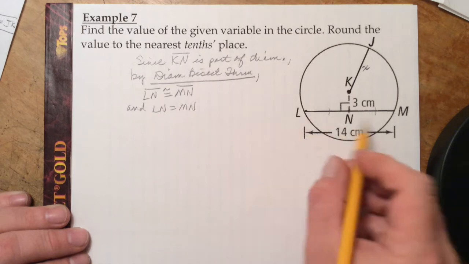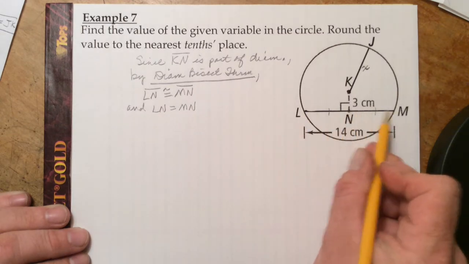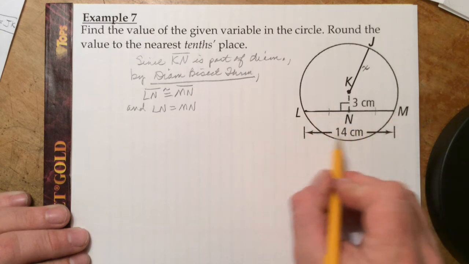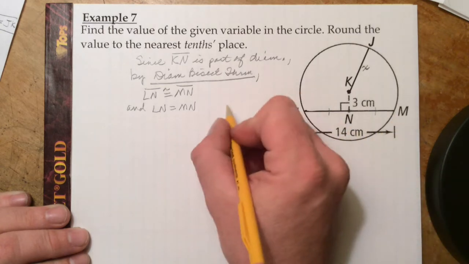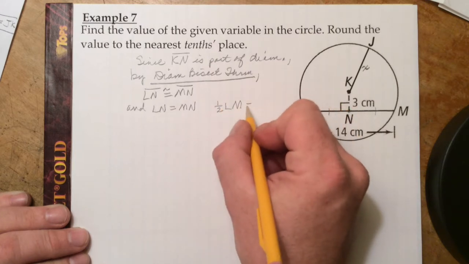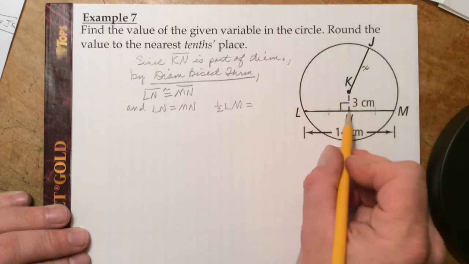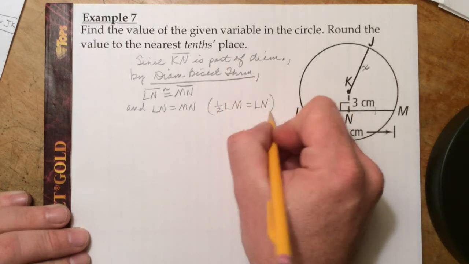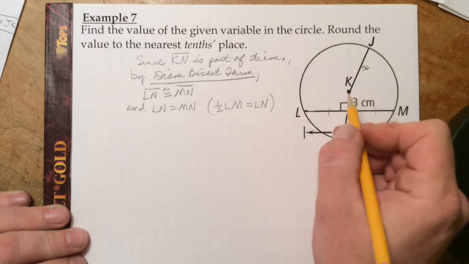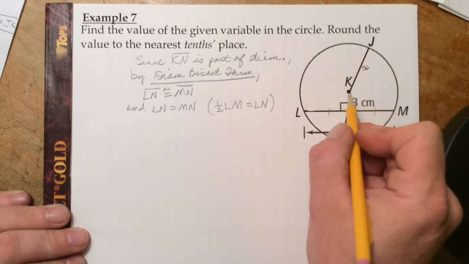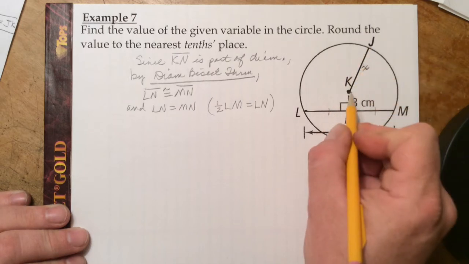Or another way we could put this, instead of saying this is congruent to this, we could say that since we've got the whole thing as a measurement, LM, half of it has to equal the part we might be interested in, which is this right here, LN. Now, why do I say we're interested in LN? Since all radii of a circle are the same, it doesn't matter where we put this radius.